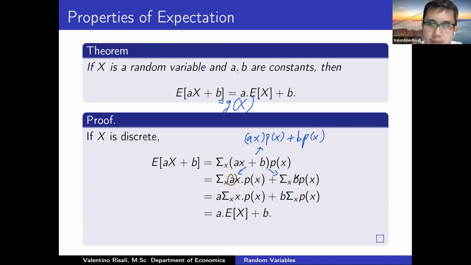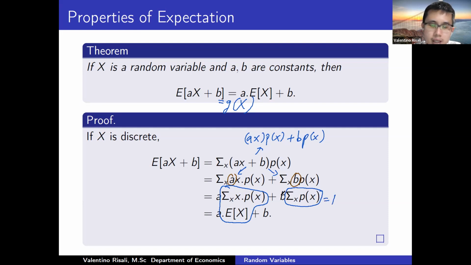Since a and b are constants, we can write this as a times sigma of x times p(x), plus b times sigma of p(x). The first is the expectation of x, and because p(x) is a PMF, the sigma over all x is 1.